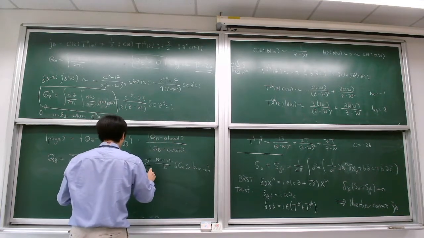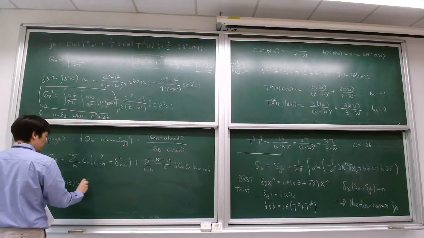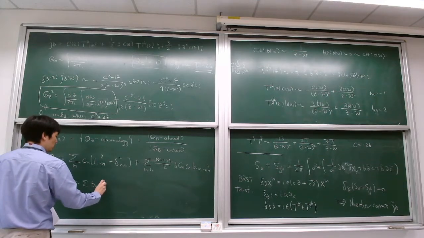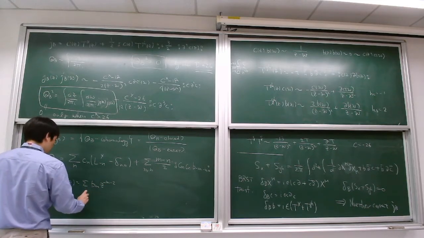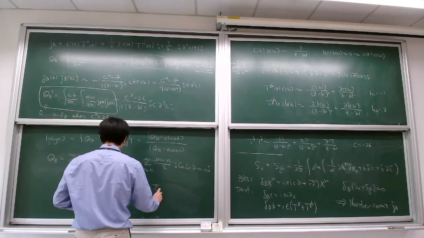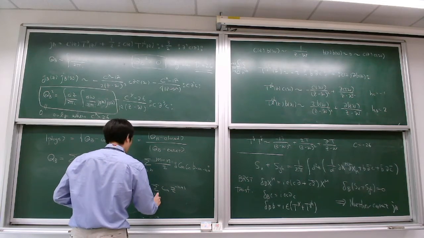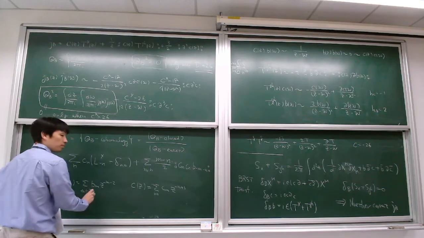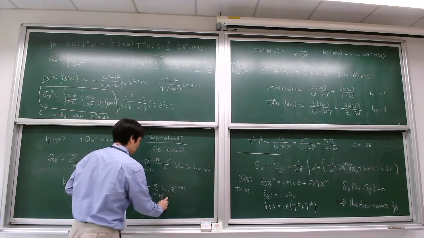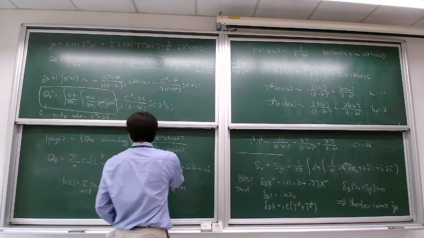So m and n, and where b(z) is given by the sum of b_m z to the minus m minus 2, as far as I remember. And c(z) is equal to the sum of c_m z to the minus m plus 1. Okay. That's the mode expansion one can write down. Okay, so that's the mode expansion. And then let's impose this physical condition.